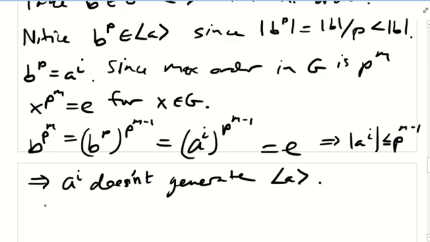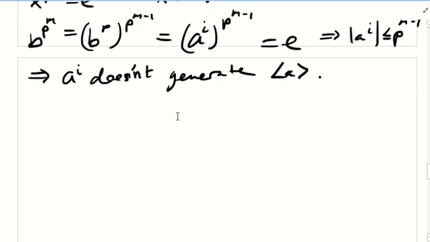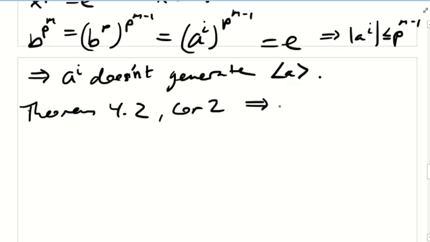Okay, so there's a theorem from the cyclic group chapter, theorem 4.2, and its corollary 2 implies then that the GCD of p to the m and i can't be 1, right?